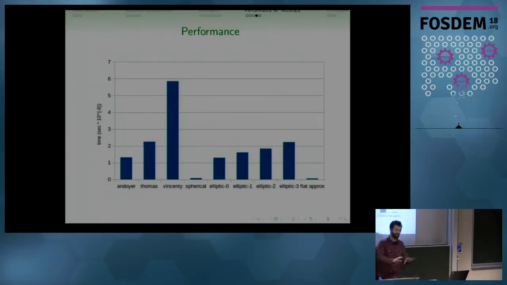I don't know how you can get them, but they are there. Geographic is Andoyer, but you can get spherical, at least, by being explicit. Thomas and Vincenty are not there. It's quite valid if you want, but we haven't created that.